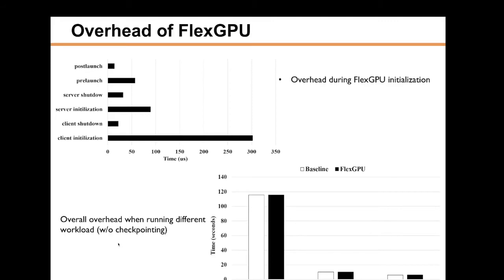And in the case of overall overhead, we compare the execution time for running one instance of MemoryGPU, GPU Blast, and relocate with and without FlexGPU. Here, we only focus on the CUDA scenario. Owing to the overhead mentioned in the previous section, the overall execution time of FlexGPU is generally longer than the original CUDA version.